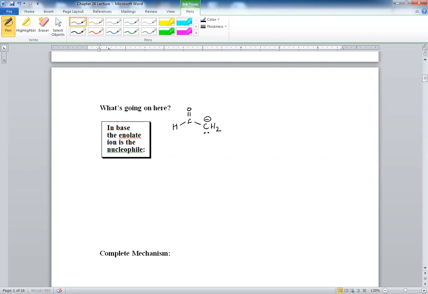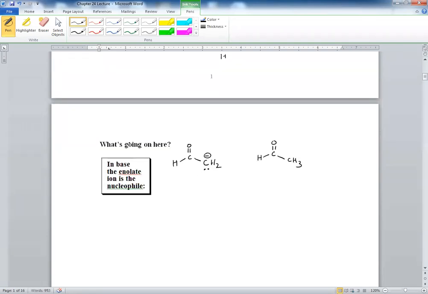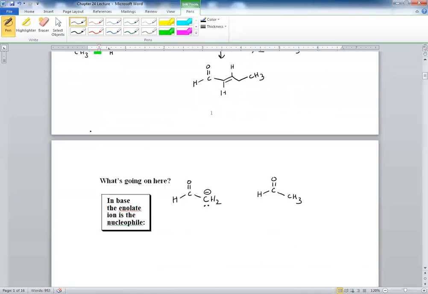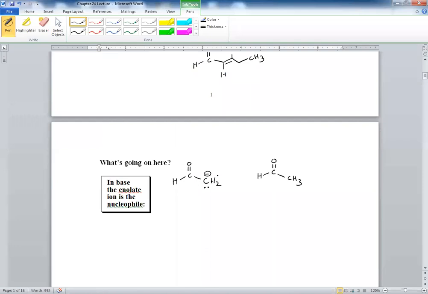Once again, you can have the double bond instead. That works. But let's just show it this way. All right, so one of these H's was deprotonated, forming an enolate. So we know that this is an electron-rich nucleophile.